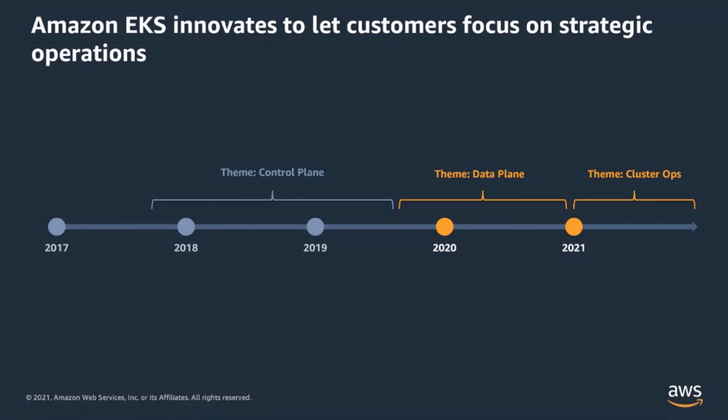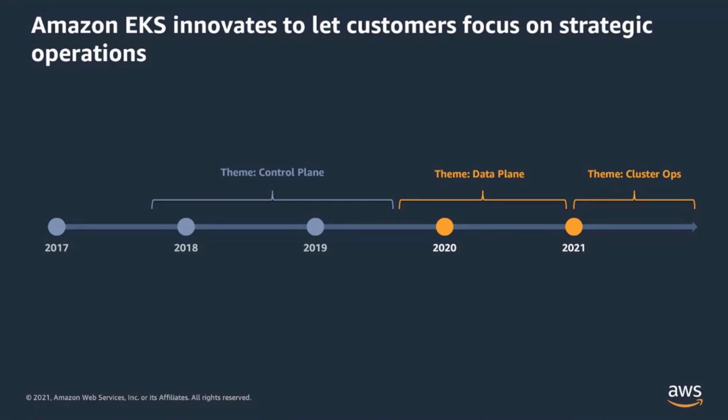Now, I'm going to take a step back and look at the journey that EKS has been on, where we are today. Our goal with EKS has been to provide our customers the best experience with running Kubernetes. We started off when we launched the EKS control plane, where we manage a highly available, secure, and resilient control plane on behalf of our customers.